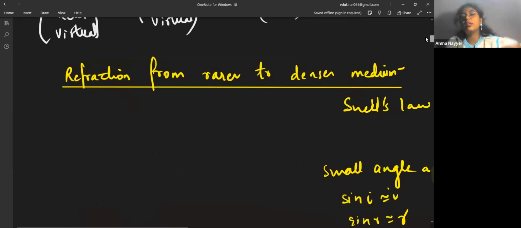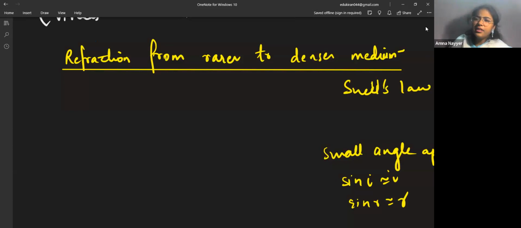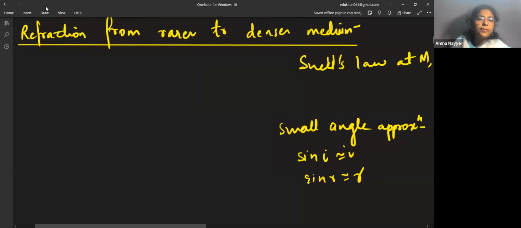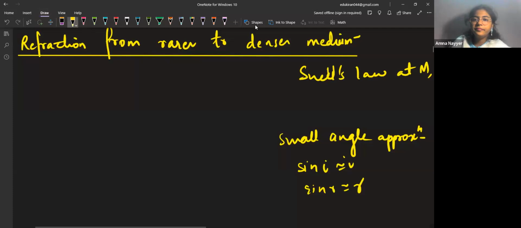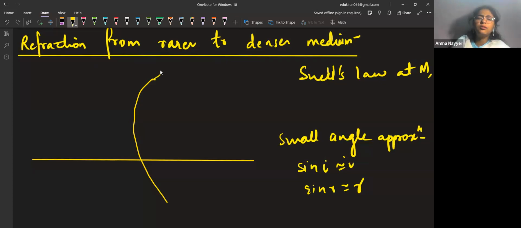Now these two derivations are important for you to remember. Refraction from rarer to denser medium. Now just understand the figure. The next one you all will tell by yourself. So this is a portion of the mirror, the surface that I have taken.